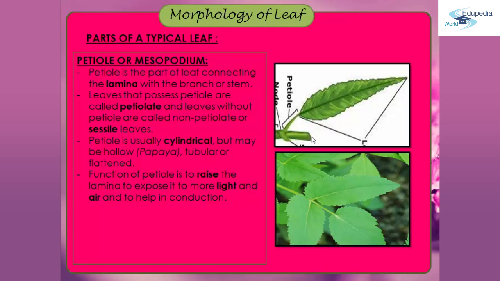It holds the blade to the light. It is a long, thin, flexible petiole that allows the leaf blade to flutter in wind, thereby cooling the leaf and bringing fresh air to the leaf surface. And it also helps in conduction of food material, water and minerals. Okay.